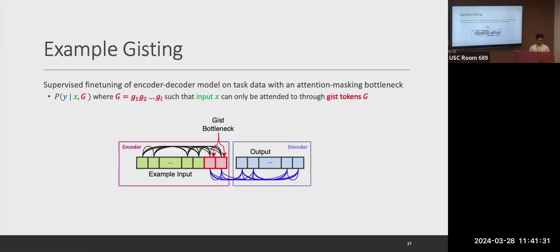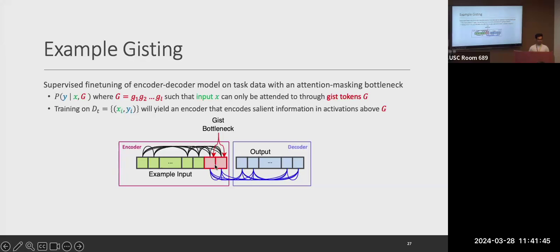We just add them to the vocabulary. There is usual self-attention in the encoder, but the decoder can only attend to the gist tokens. So any information about the input has to be encoded into the gist tokens for the decoder to be able to produce the correct answer.